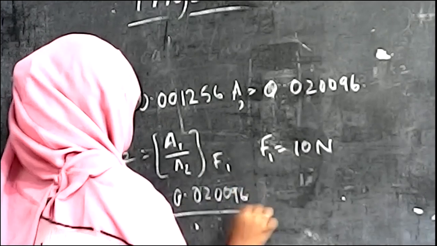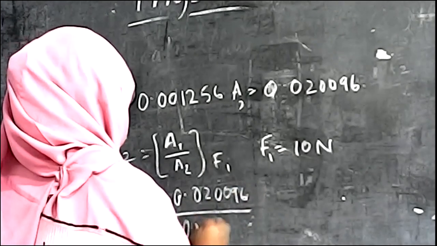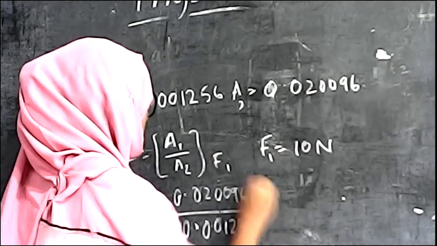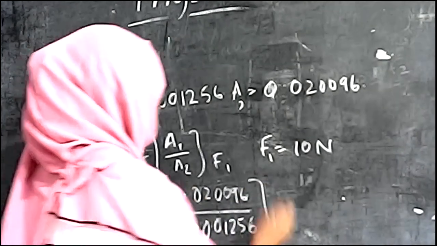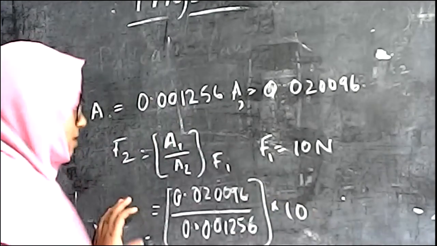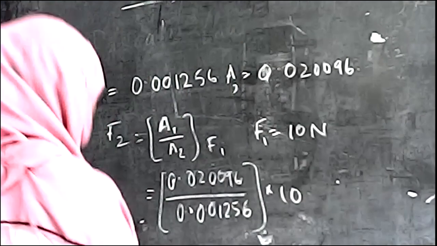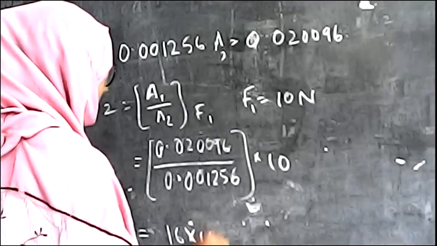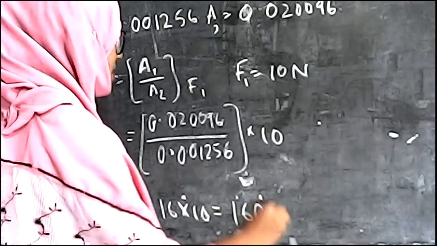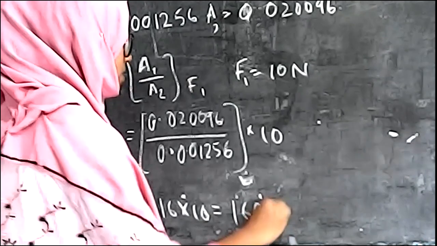Applying this to the equation, 0.020096 divided by 0.001256 into 10. Doing this, we get 16 into 10, which is equal to 160 Newton.